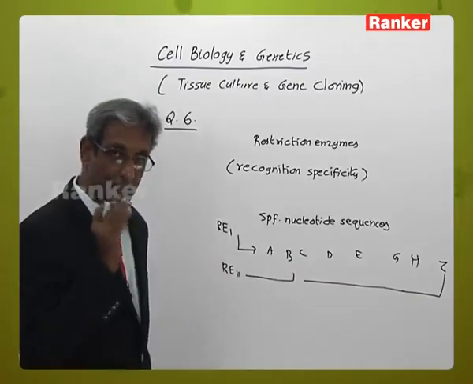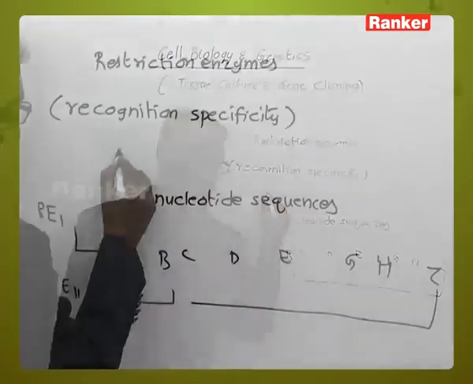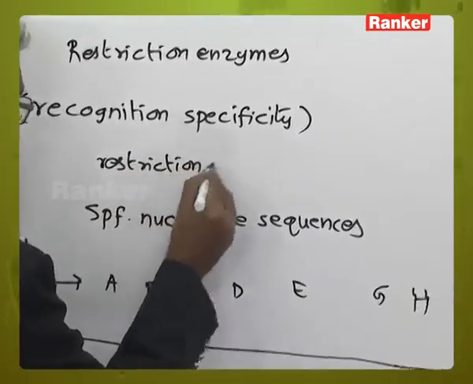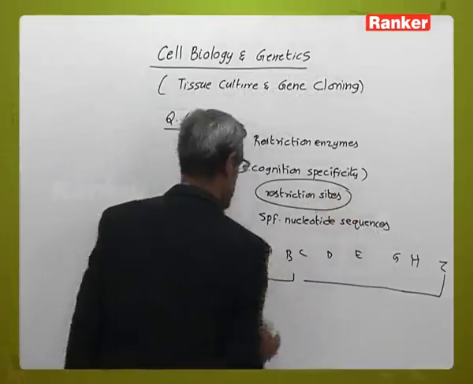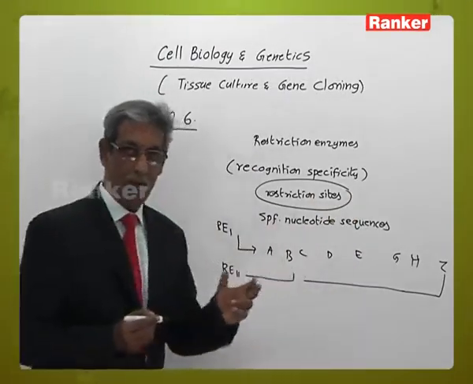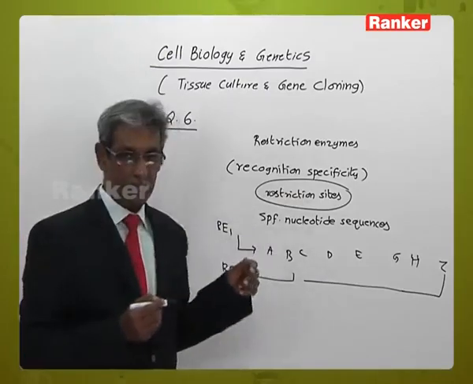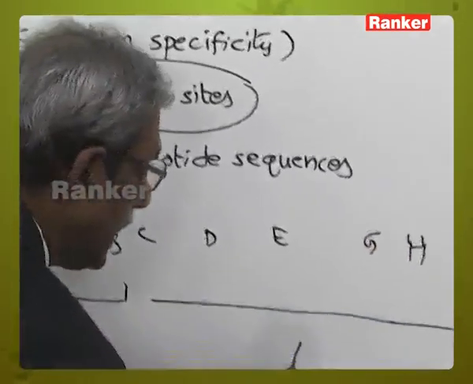So, because it can cut the DNA sequence, these regions are primarily termed as restriction sites. So, restriction sites are the cutting planes on the DNA which is recognized by restriction enzymes. So, among the choices, the right answer is D.